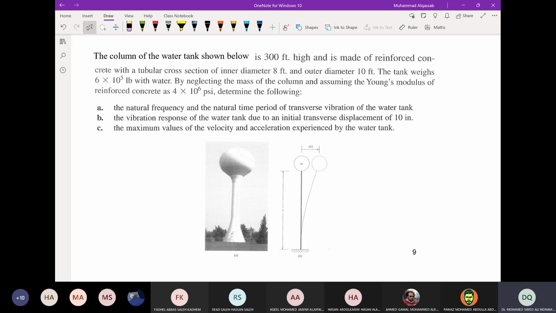So what you have here is a water tank, and there is an assumption that the mass of the column is neglected.